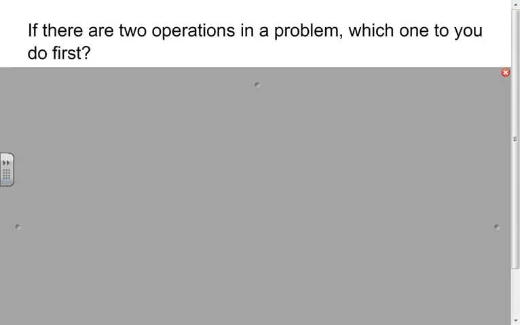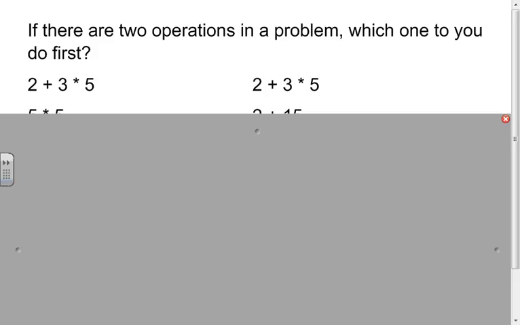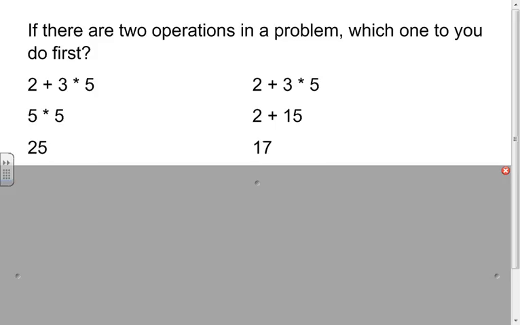Another type of problem. If there's 2 operations in a problem, which one do you do first? I've got the same problem here, and I've worked it out 2 different ways. On the left-hand side, I did 2 plus 3, and I got 5. And then I did 5 times 5, because this 5 just came down, and I get 25.